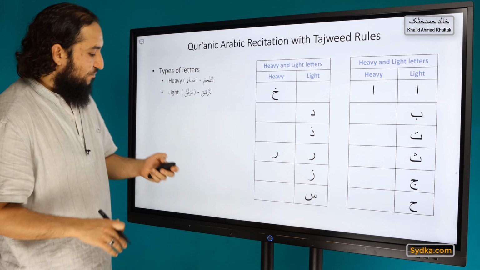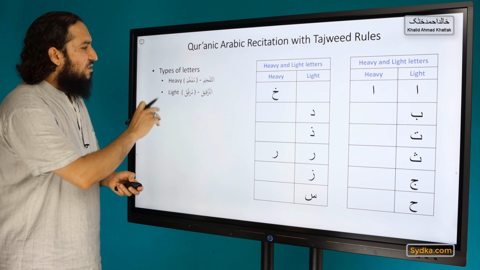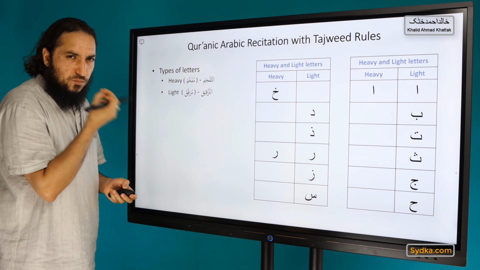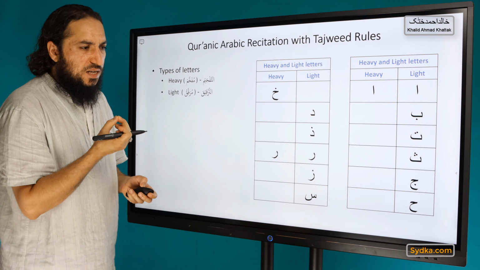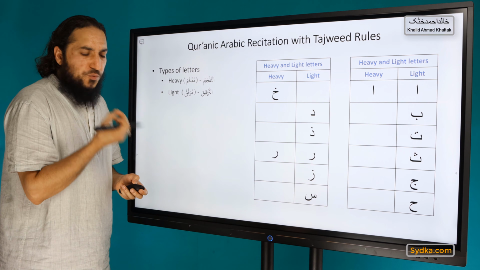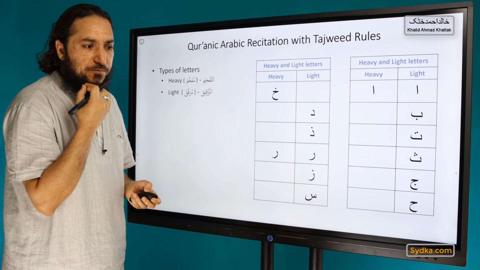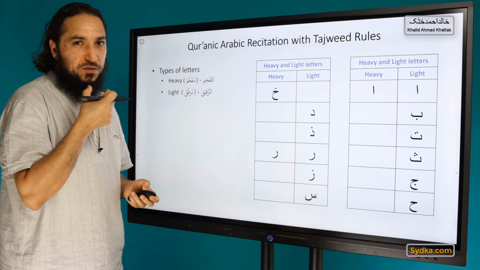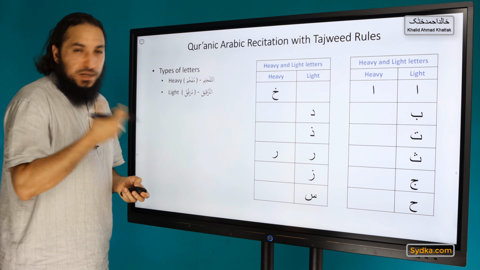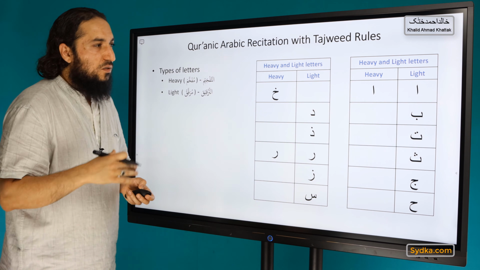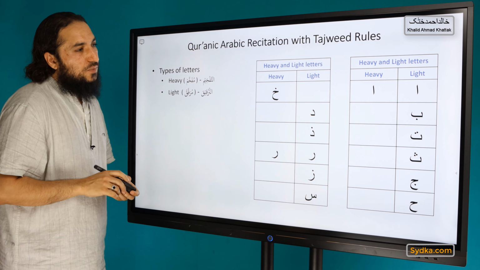This is just a table. The basic difference between light and heavy letters is that when you pronounce light letters, normally your mouth remains flat, as if you start to smile. With heavy letters, you don't have that. It's different. We will be discussing that in future.